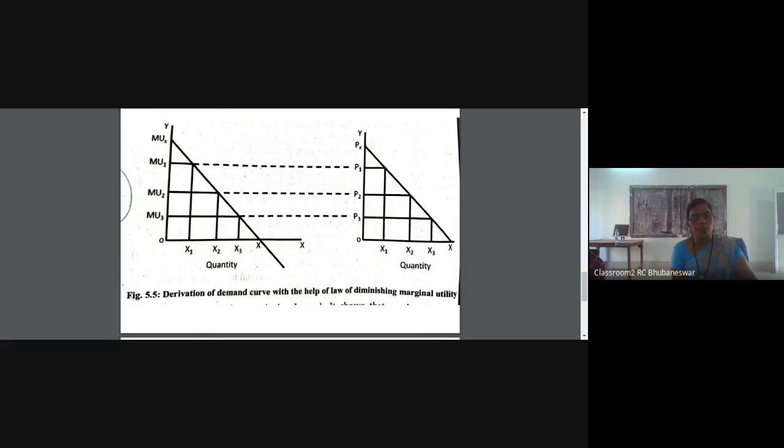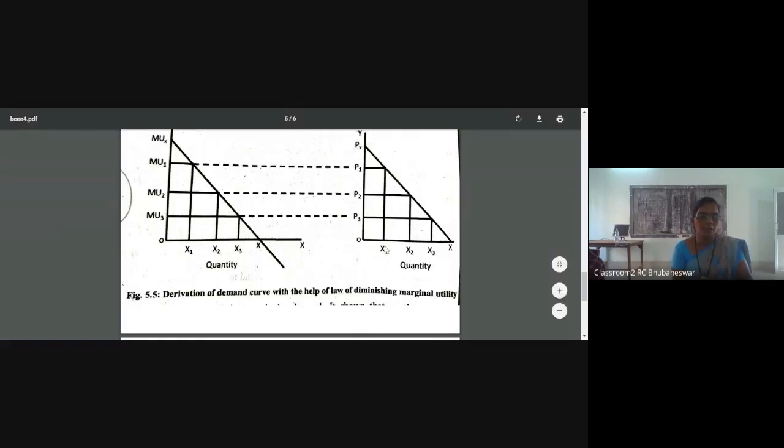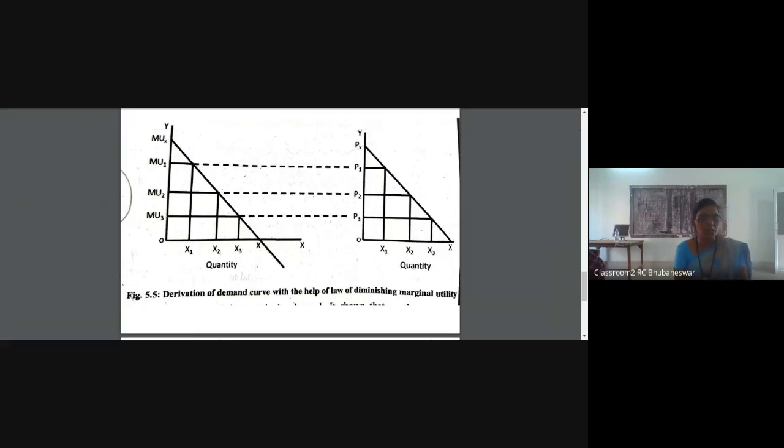Like that, in the law of demand also, as usual, when price decreases, quantity demanded increases, and when price increases, quantity demanded decreases. In this way, with the diminishing marginal utility curve, we can draw the demand curve of the good.